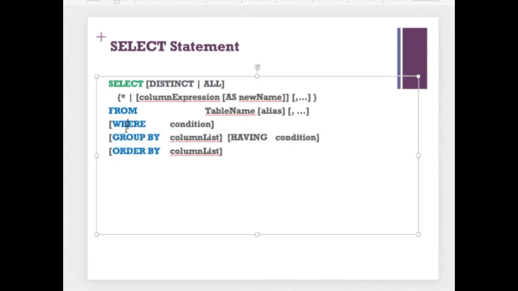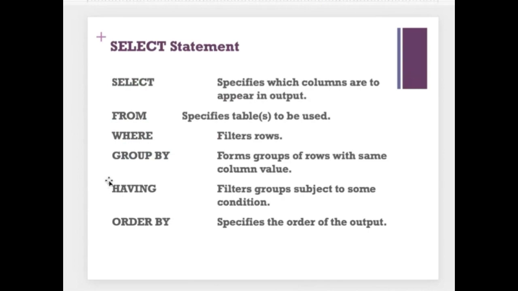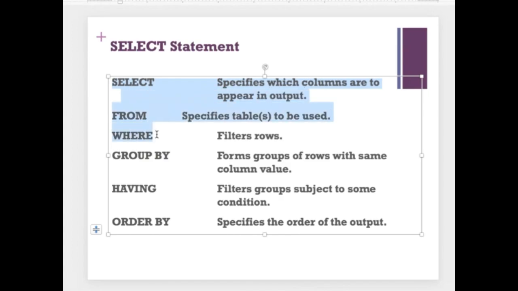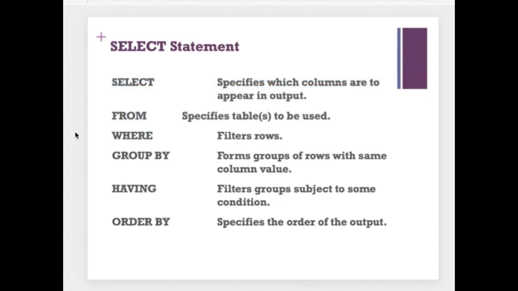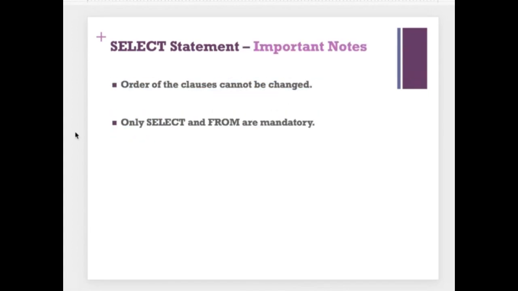Where, if you want to use it, should come first and before order by. If you want to use order by with any other clause, it should come at the end. So we will see them step by step. Alhamdulillah, in lab we saw select, from and where all together.